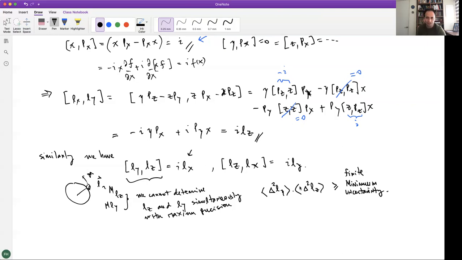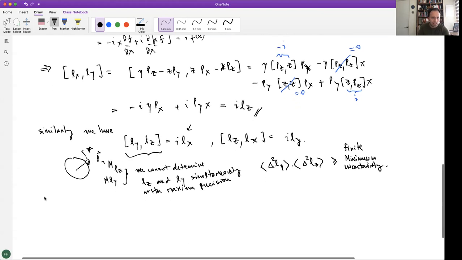That's the physics of angular momentum for all types of angular momentum, not just orbital like a rotation, but also spin. And we will see that later in the course. So this is a Heisenberg uncertainty principle, the expectation value of the commutator divided by 2 or 4, depending on how you formulate this. You will work this out in detail in your assignments.